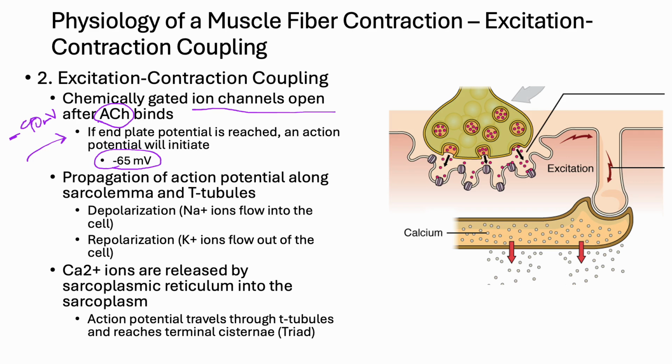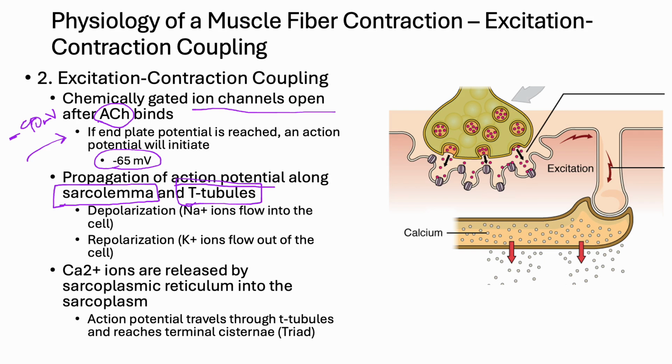If that negative 65 millivolt threshold is reached, then we will see the propagation of an action potential along the sarcolemma, which is the plasma membrane of a muscle cell. The T tubules are invaginations that go internally into the muscle fiber so that they can make contact with the sarcoplasmic reticulum.